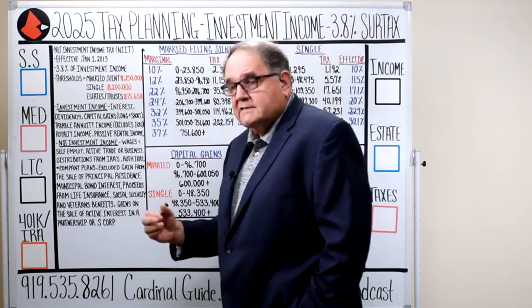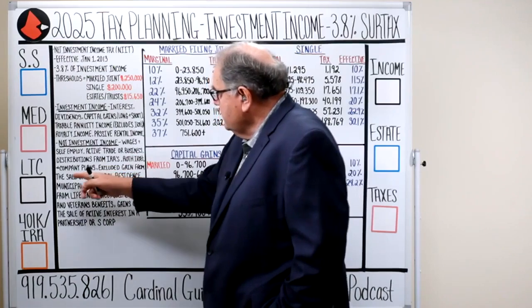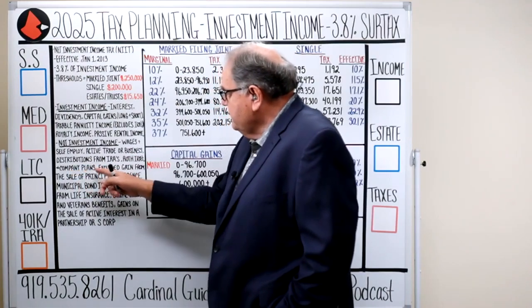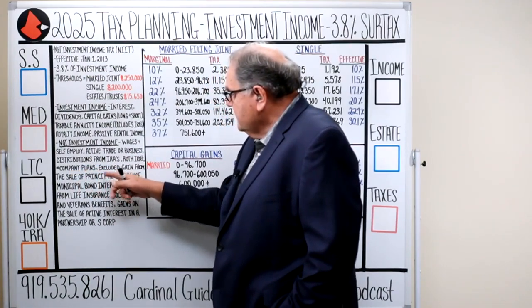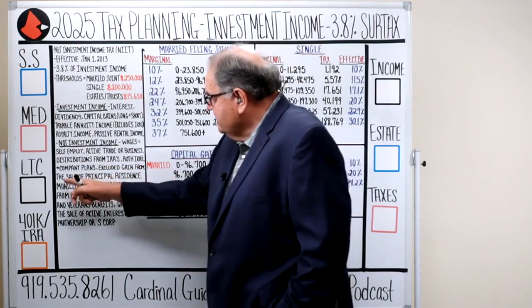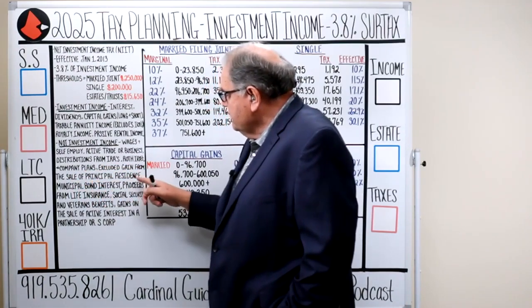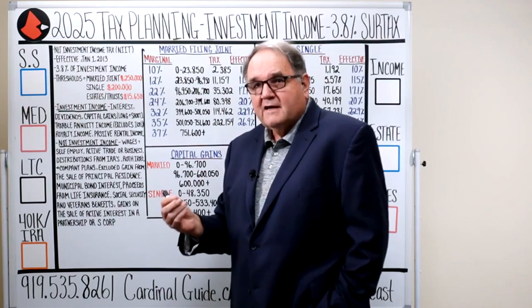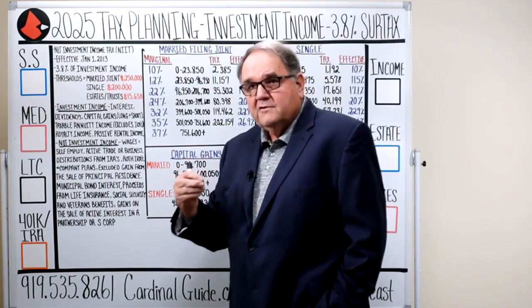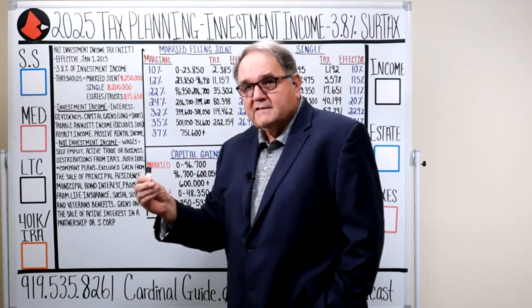Roth IRAs don't count for this. They don't have any taxes. Company plans, excluded gain from the sale of a principal residence, where you get that $250,000 a person or $500,000 for a couple to exclude the gains on the sale of your personal residence.